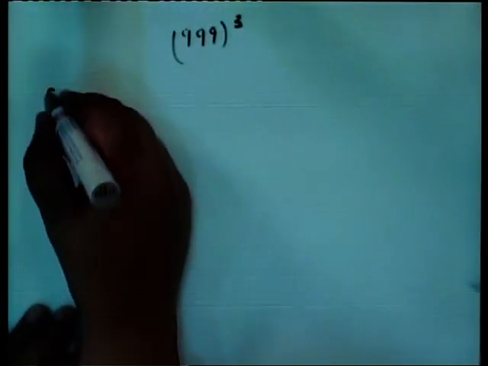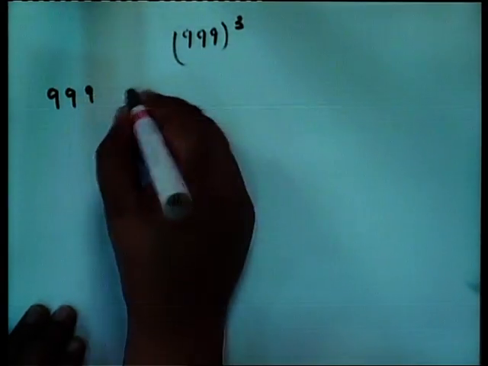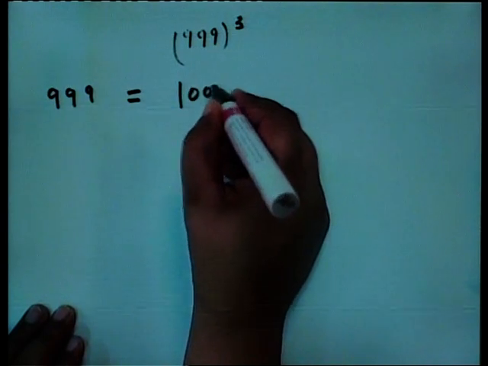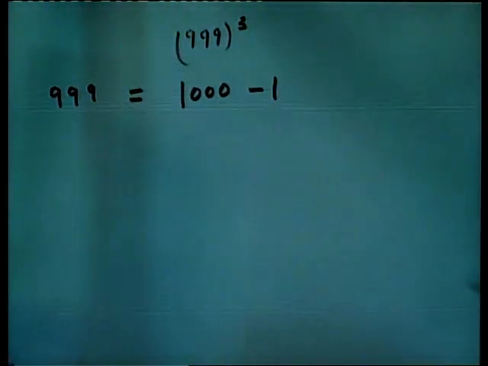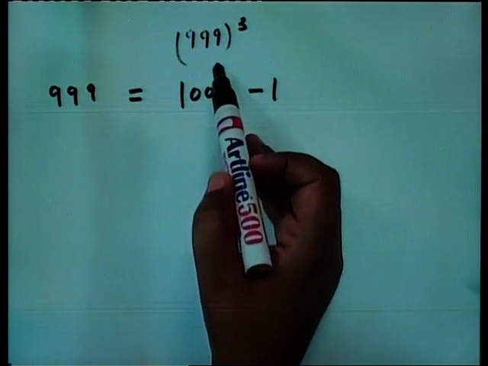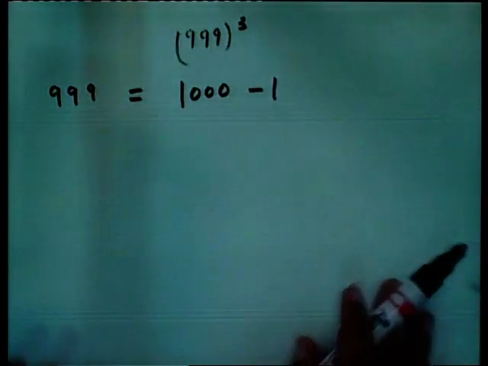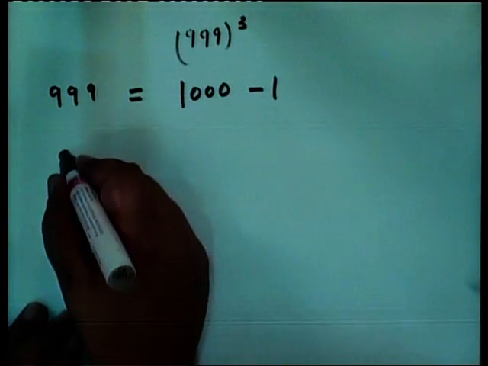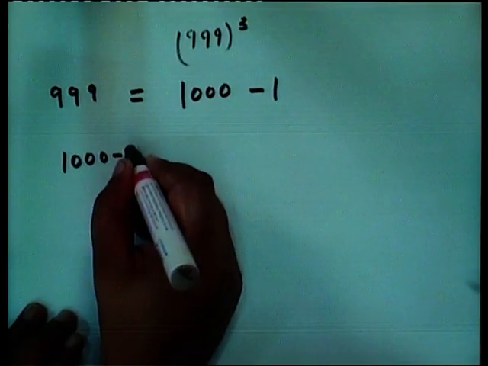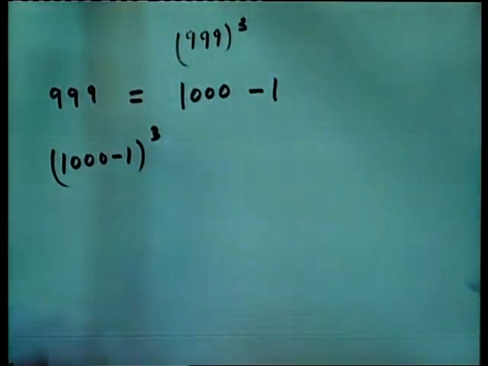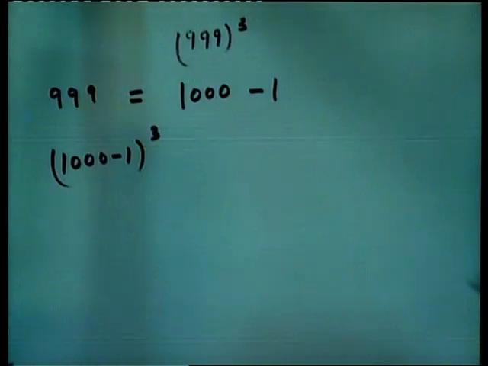So what will we do? We will write 999 is equal to 1000 minus 1. So what is our problem? We have to find the value of 999 whole raised to power 3. So what will I do? I will use binomial theorem to expand this.